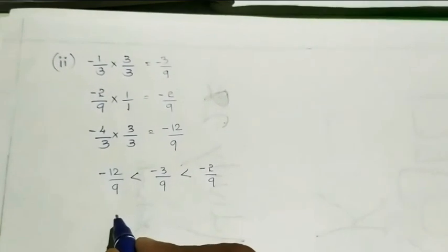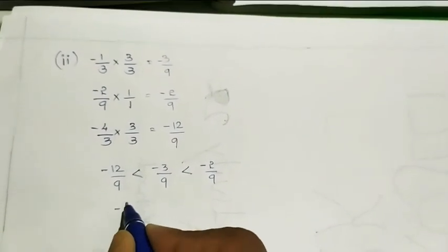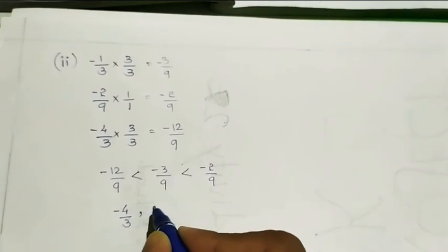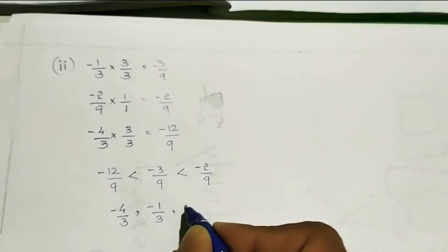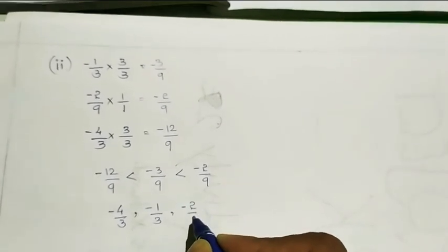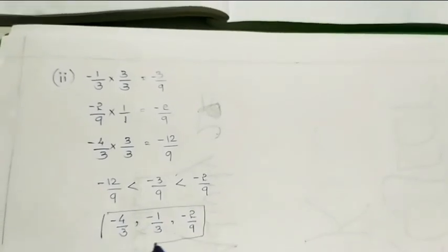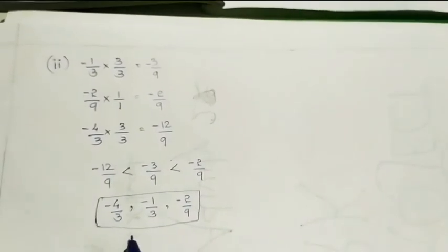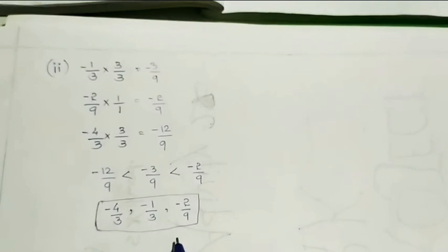So in original form you write them: minus 4 by 3, next minus 1 by 3, after that minus 2 by 9. So this is the ascending order, the required answer: minus 4 by 3, minus 1 by 3, minus 2 by 9.